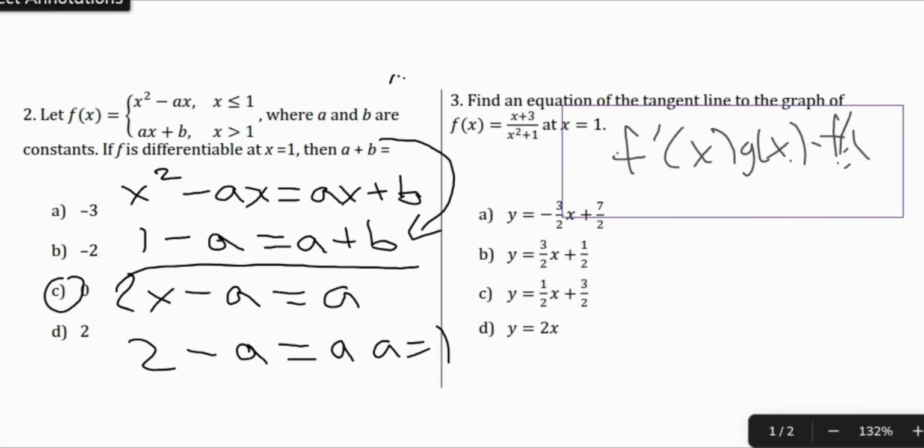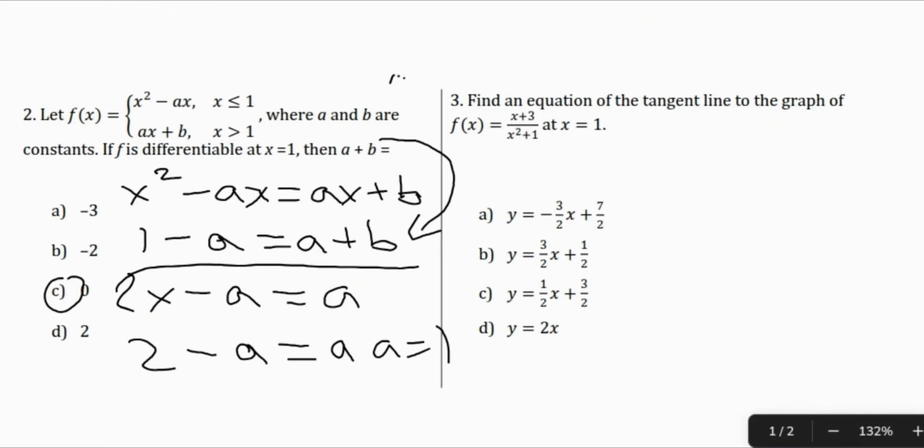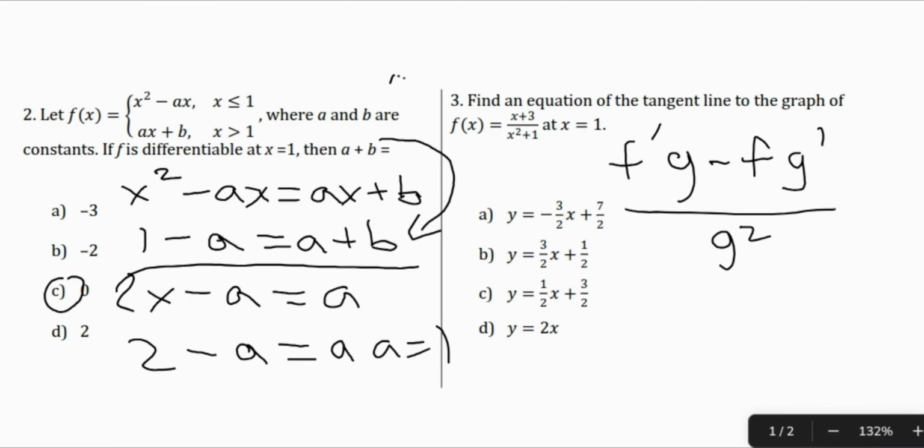We're going to do something different. It's f prime times g minus f times g prime, over g squared. The f is just f of x and the g is g of x. Don't get confused. And remember this equation and write it down if you need to, because I'm going to delete this. Pause it if you need to.